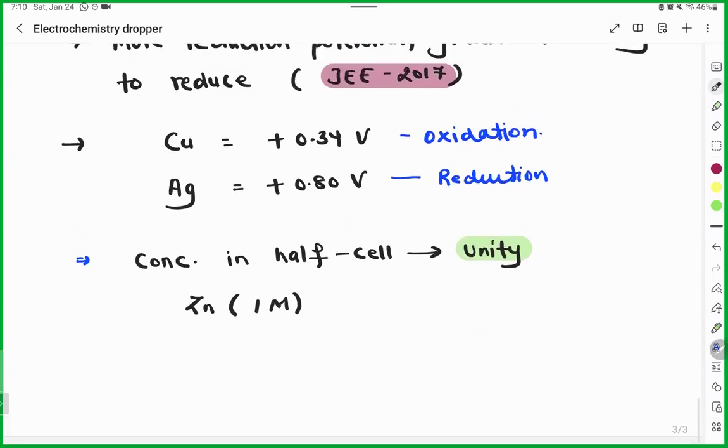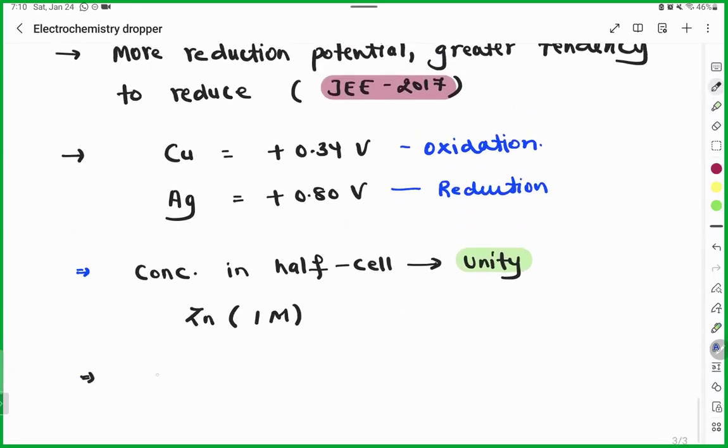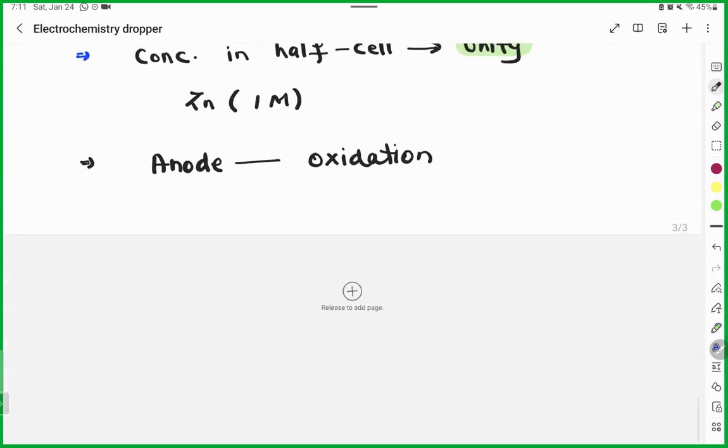In an electrochemical cell, galvanic cell or Daniel cell, you are talking about the same thing: at the anode there will be oxidation and at the cathode there will be reduction.